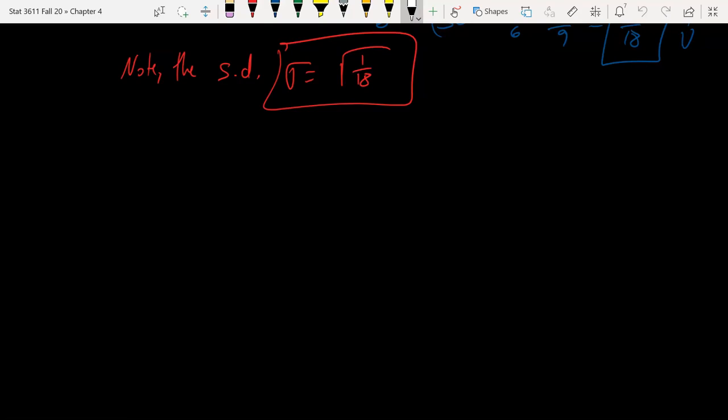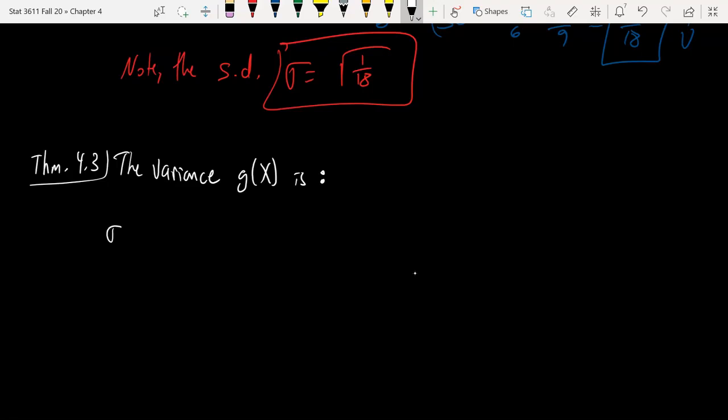Let's do one more variance-related thing before we move on to something else. So Theorem 4.3 is going to talk about the variance now of a function of a random variable. The variance of a function g of x of the random variable x is, so the notation here, sigma squared with the subscript g of x, just to indicate that we're talking about the variance of the function.